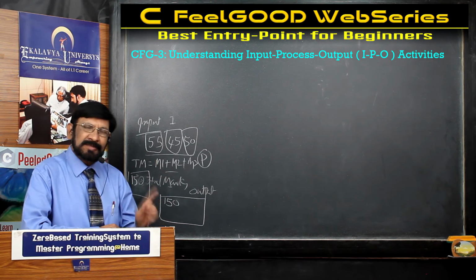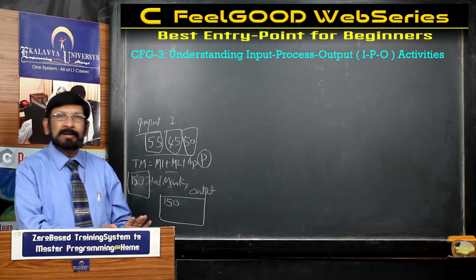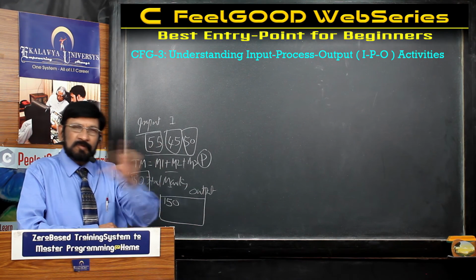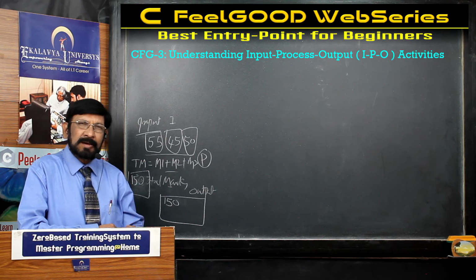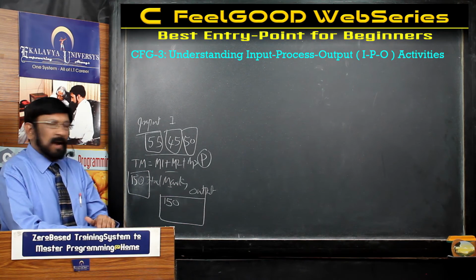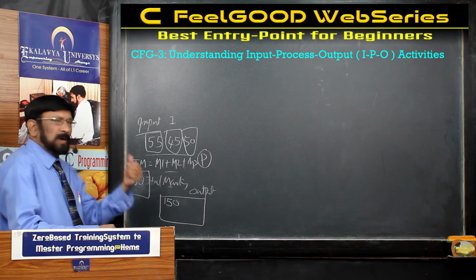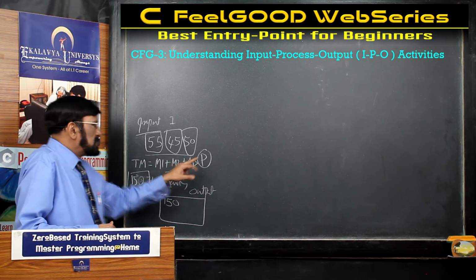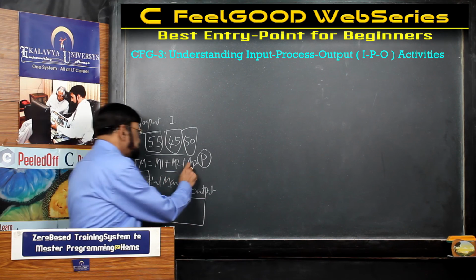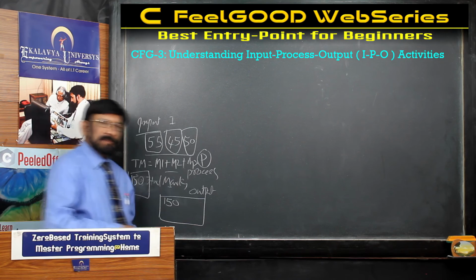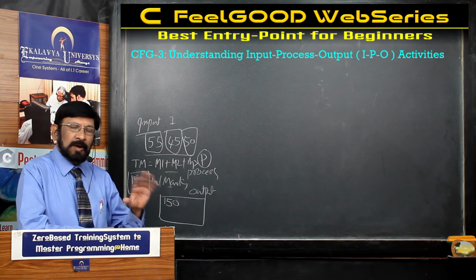Mainly three sections are there. The input section is called the reading section. The second one is the processing section. There we write some formula depending on the problem, and according to the formula, required values like total marks are calculated. That is the process section. And the third one is the output section.